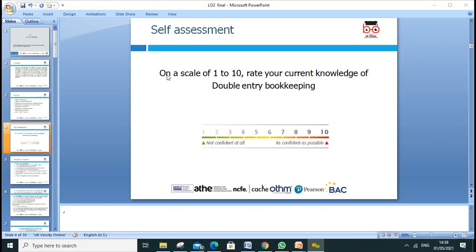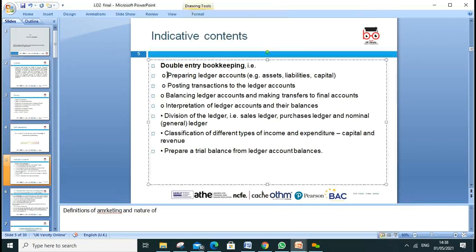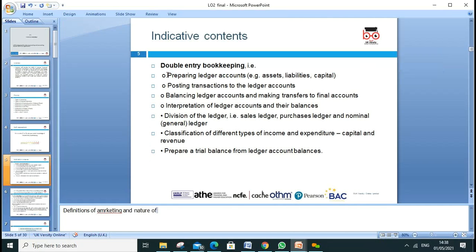So double entry bookkeeping is always based on rules. Today's lesson will be preparation of ledger accounts: assets, liabilities and capital. So we learn about the accounting equation. What is the accounting equation?